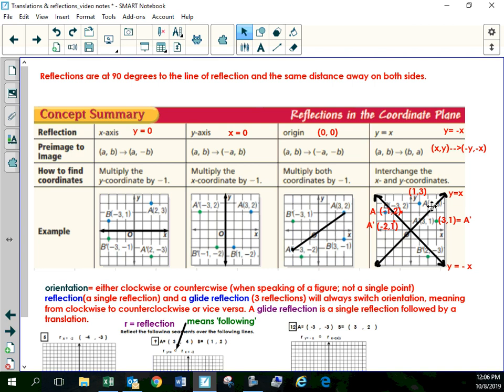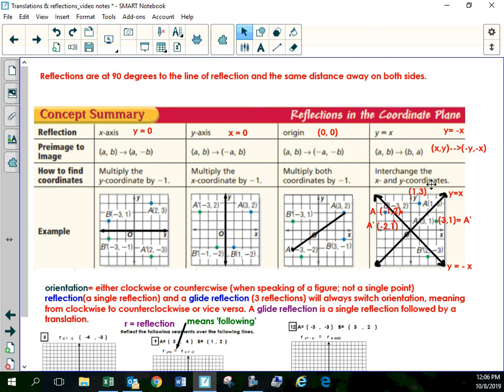So if we take a point, and they went ahead and used 1, 3 right here, and we're reflecting over this line. Remember, reflections must be at 90 degrees. So I have to go 90 degrees to that line and the same distance away. As you see, when they did that, they reflected 90 degrees and it came right down here.